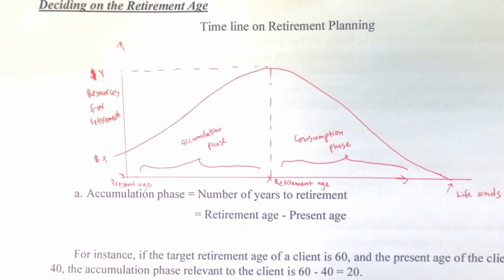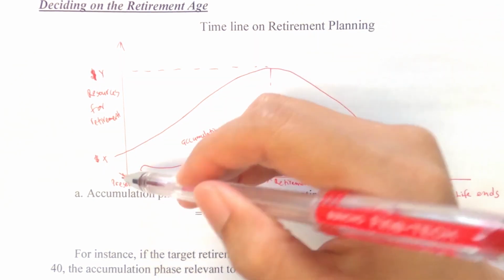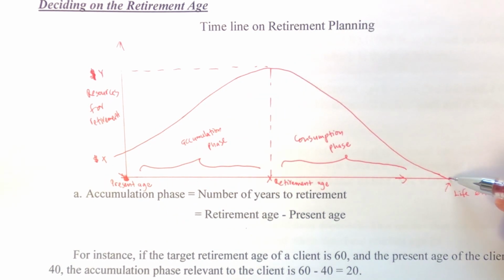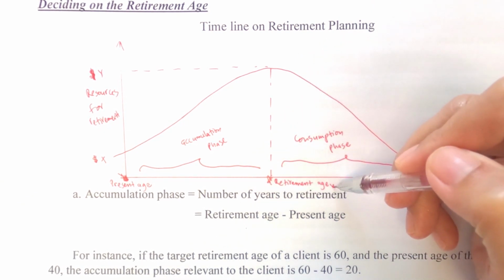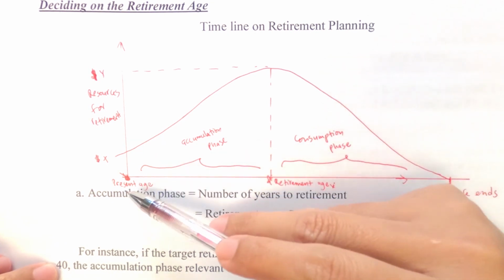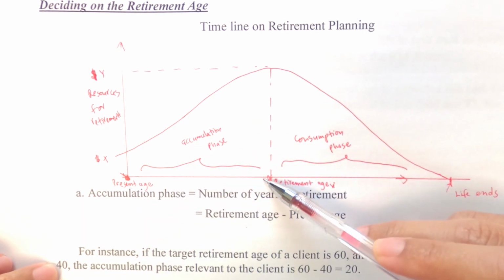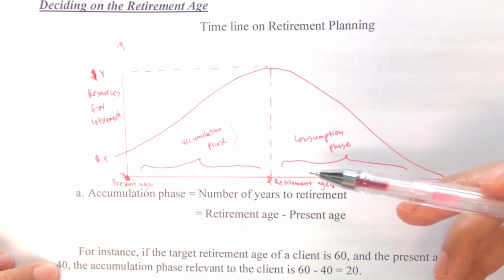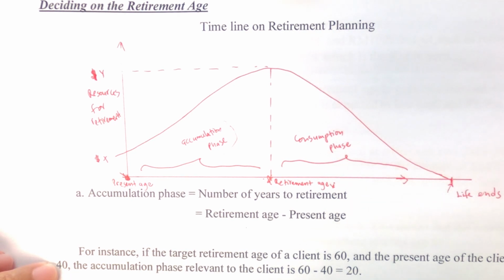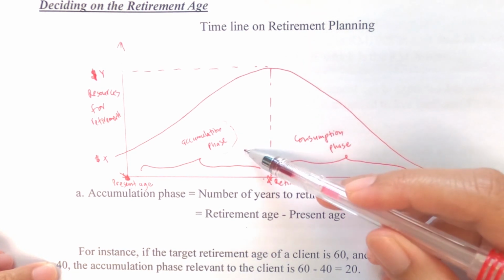In order for us to decide on the retirement age, let's have a look at the timeline on retirement planning. As we can see in this diagram, this is the present age, and this is where life ends. In the middle of the graph is the retirement age. From the present age till the retirement age is the accumulation phase, meaning the client can accumulate money or resources for retirement.